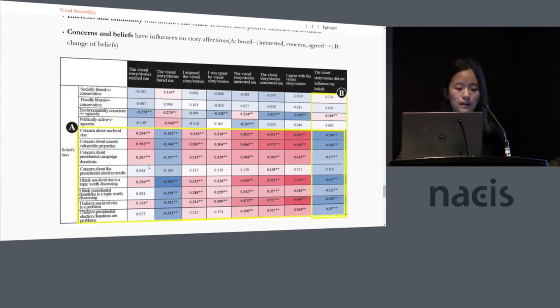So it's also color-coded: the more red means more positive, so it's more likely to be correlated. And the more blue means it's less likely to be correlated.